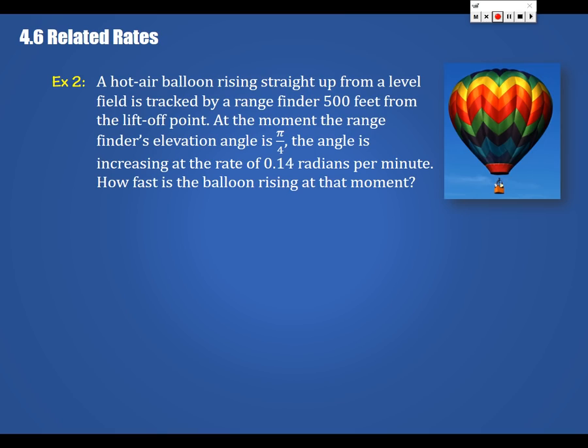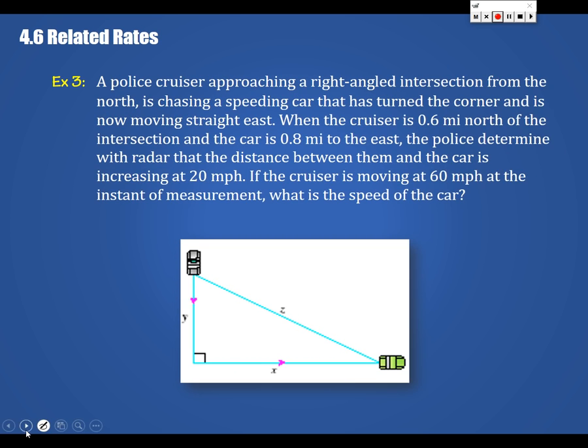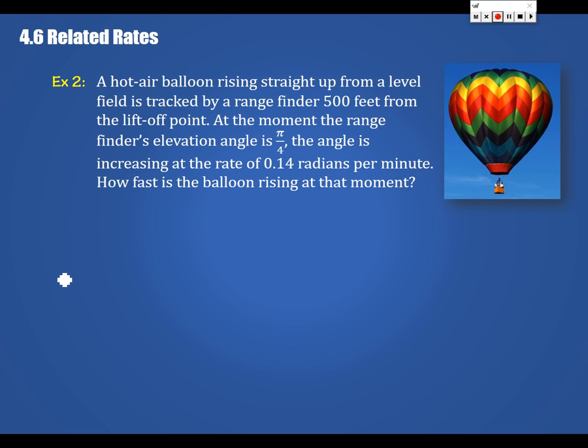All right, so the picture is drawn pretty nicely here for you, but hopefully you see why the picture needs to look like this. Here's the balloon going up in the air. It's going straight up in the air. And over here, this is an observer watching the balloon go up.